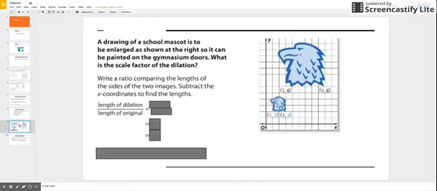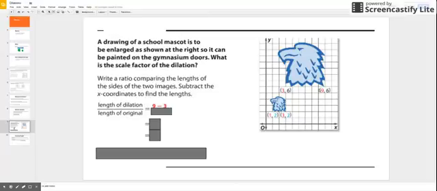So here's an example. A drawing of a school mascot is to be enlarged as shown on the right, so it can be painted on the gymnasium doors. What is the scale factor of the dilation? So let's start by writing the ratio that compares the lengths of the sides of the two images. Okay? Now, in case you don't know, you can sit there and count the boxes, okay? You can go 1, 2, 3, 4, 5, 6, okay? Or you can just do 9 minus 3 to get 6, okay?